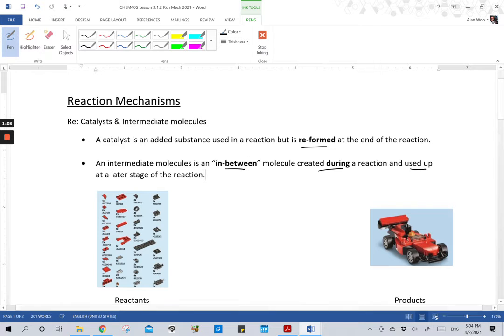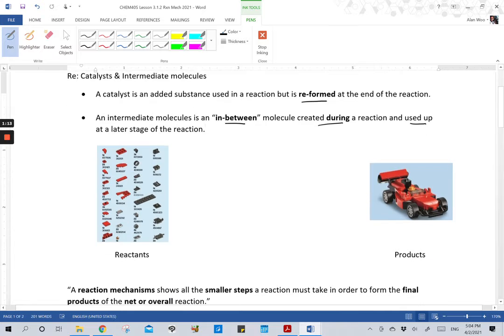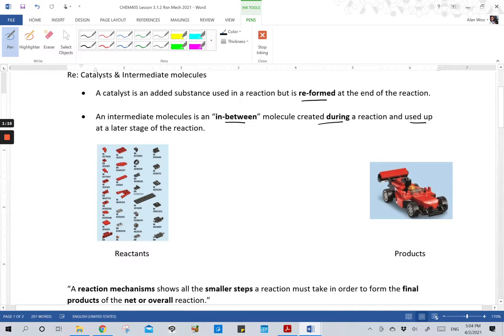To give you an analogy of an intermediate molecule, think about using Legos. For example, I have a whole bunch of Lego pieces here. Let's call them the reactants. Typically in a chemical reaction, we see the reactants, we see the arrow, and then we get the final products.